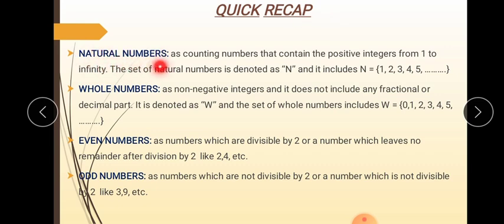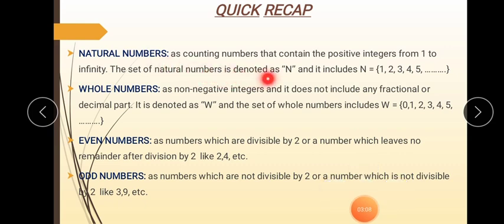Natural numbers. Natural numbers can also be said as counting numbers. That means the numbers which are used to count, those numbers are called as natural numbers. So natural numbers include all positive numbers starting from 1. So 1, 2, 3 up to infinity. All these numbers comes under natural numbers.